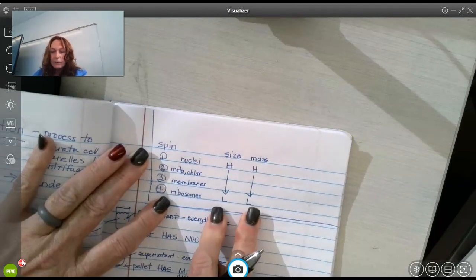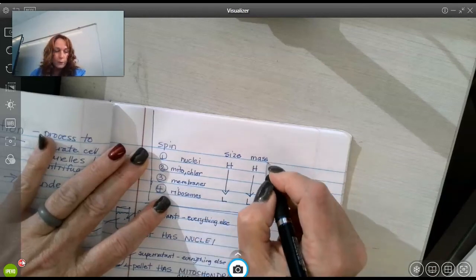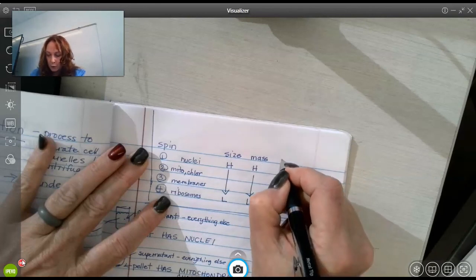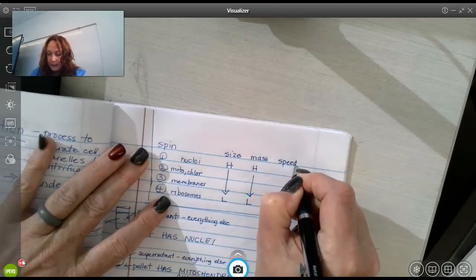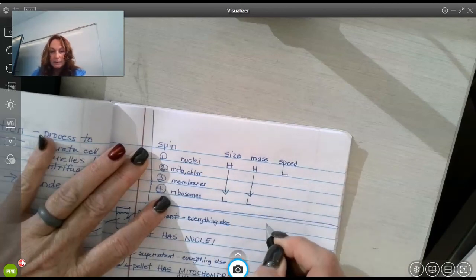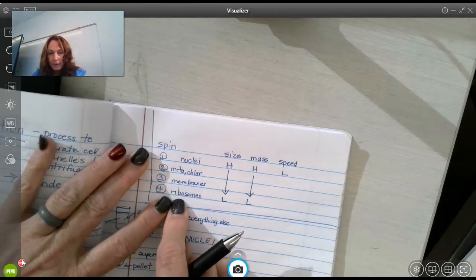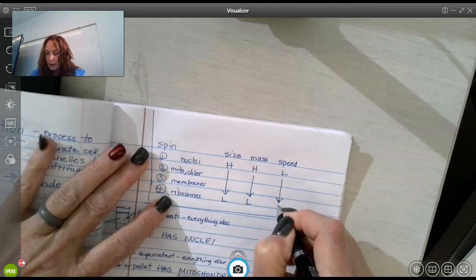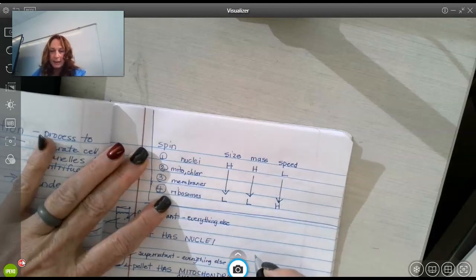This is inversely proportional to what you do with the machine. So for the machine, when you centrifuge, big things have low speed. If you want the smaller things, you got to crank the machine up. Your speed has to be high.